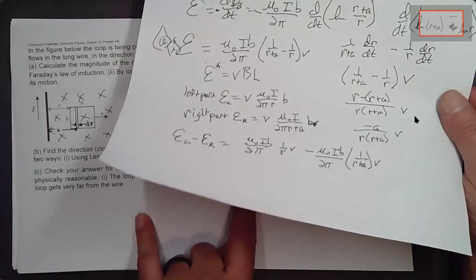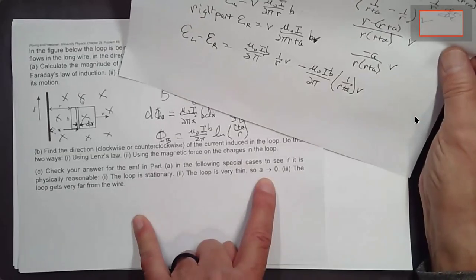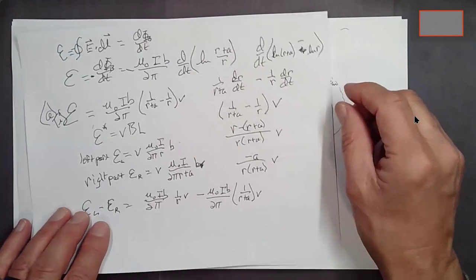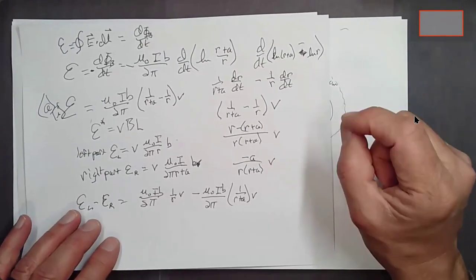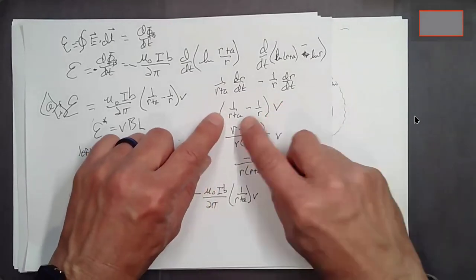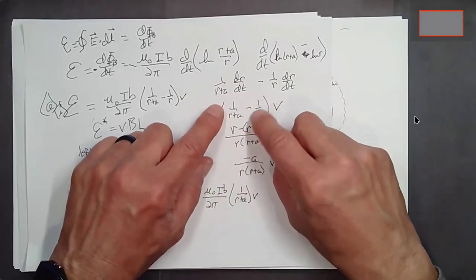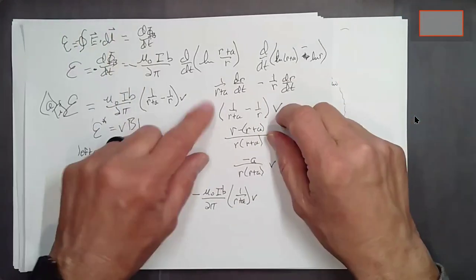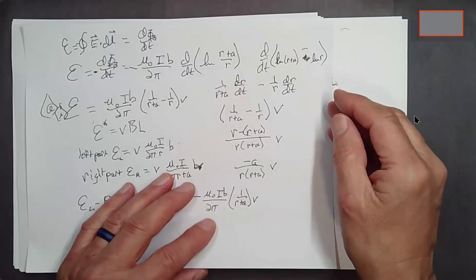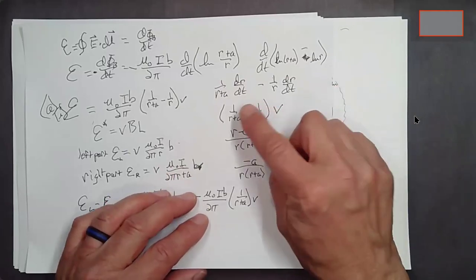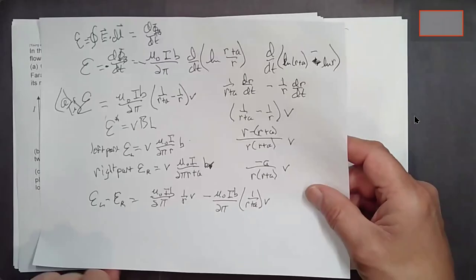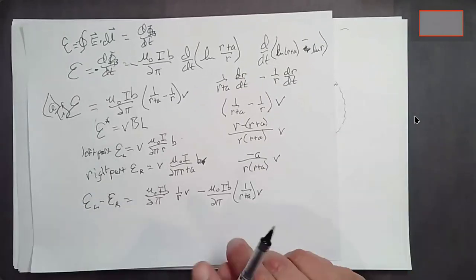And then if the loop is very thin, so a goes to 0, if I look at this, if a is 0, I've got 1 over r minus 1 over r. There's no flux through a loop of width 0, so it makes sense that it would vanish in that case. And then the final thing is the loop gets very far from the wire.